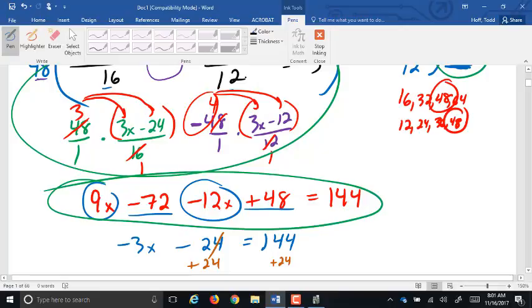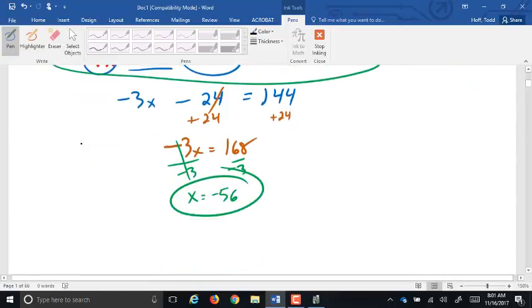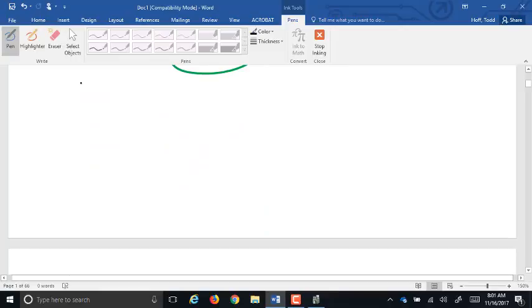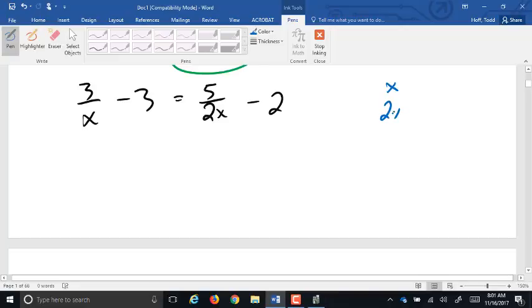For example, what do I have for denominators here? X and 2x. What's my least common denominator going to be? 2x.